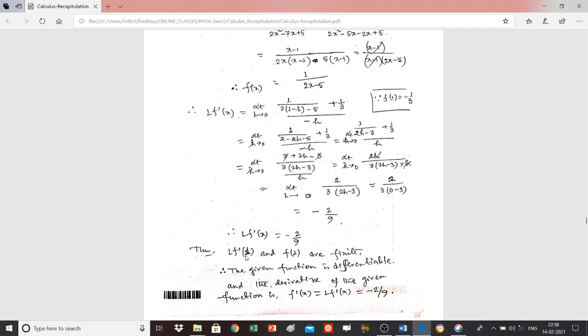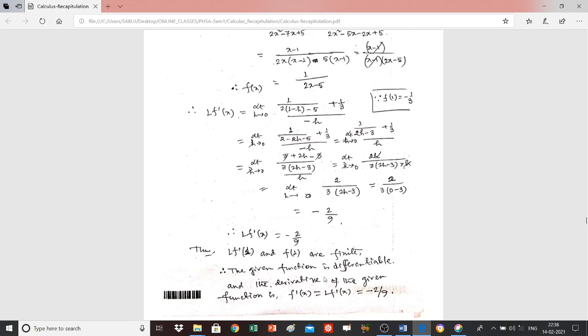So you see here that the left hand limit and f(1) are finite, both are finite. So the given function is differentiable, and the derivative of the given function f'(x) is the left hand derivative, because in this case the left hand limit and the right hand limit become equal.